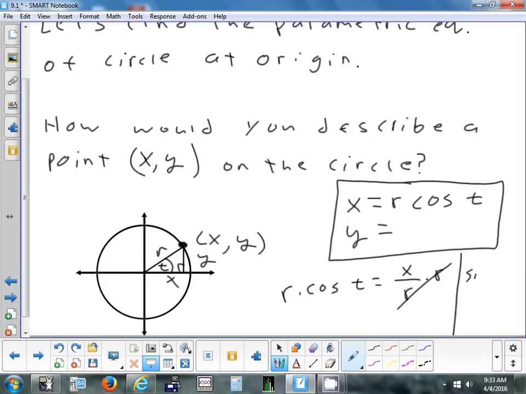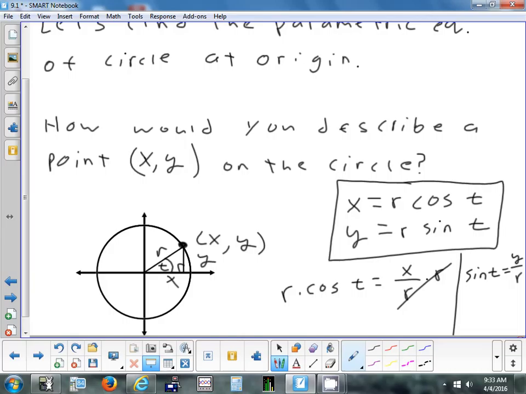Sine. What side is opposite my angle? Y. Good. What's the hypotenuse? R. So anyone think they can give me the formula for y? R times sine t. Yeah. That's it.